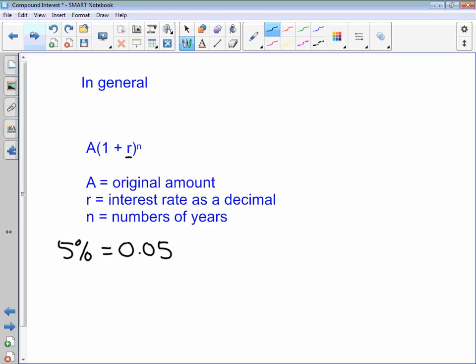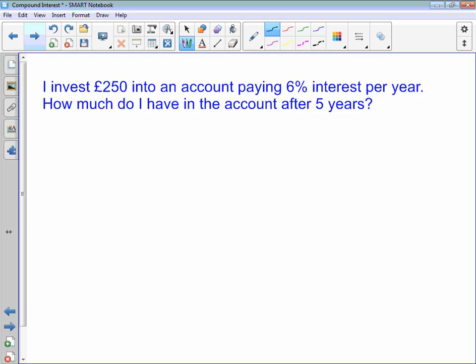So if we look now at another example, I invest £250 into an account paying 6% interest per year. I want to find out how much I have in the account after 5 years. So using my formula, my £250 is how much I'm investing. 6% is 0.06 as a decimal.